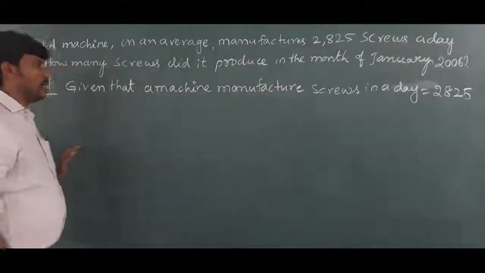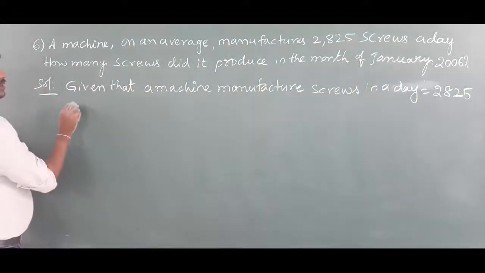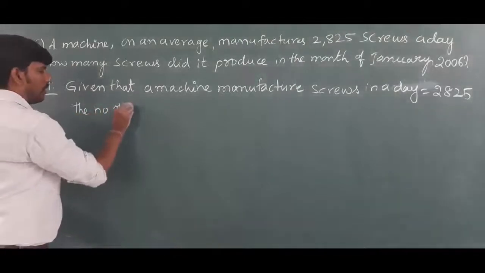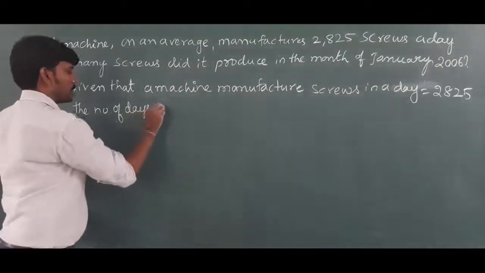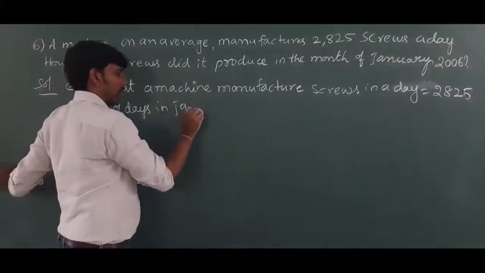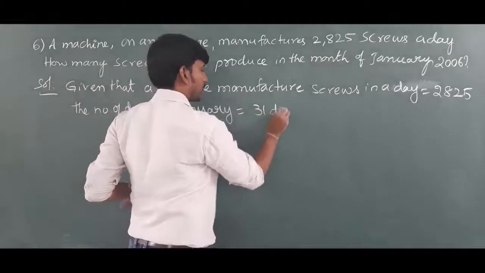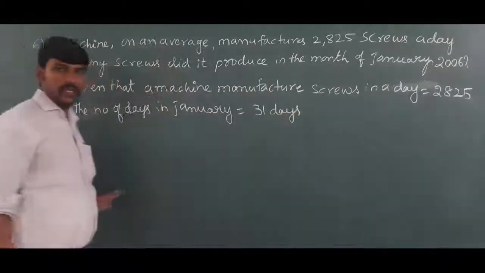Okay children, so the number of days in January is equal to 31 days, right?